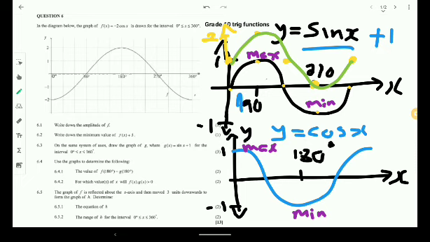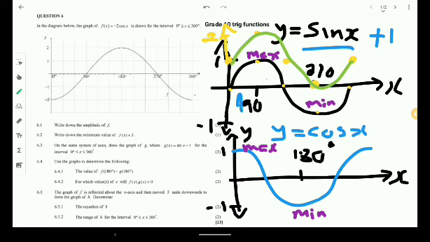So we will draw it on the same axis here. That means this point here is at +2. The other point is at what? At 90 degrees. It used to be at 1. It should be at, no, let me just correct this. This point used to be at 0, is at 1.